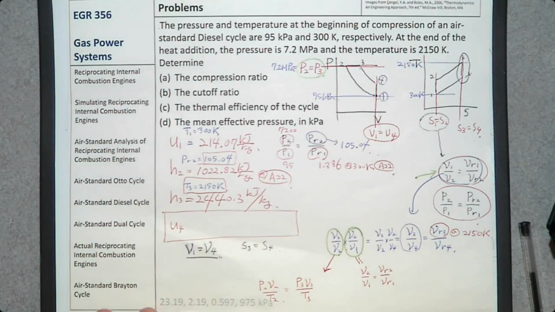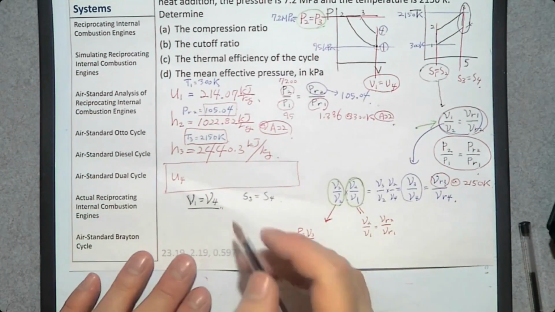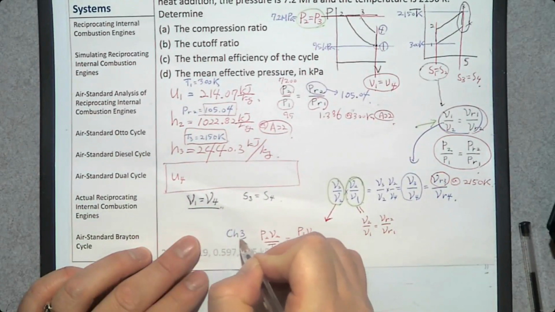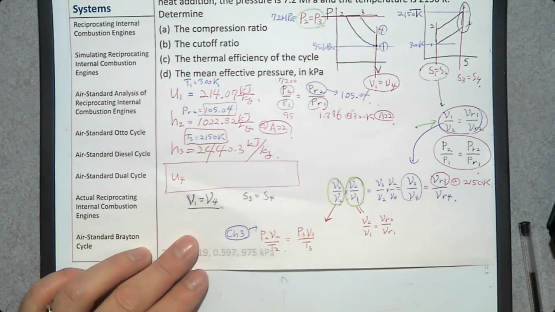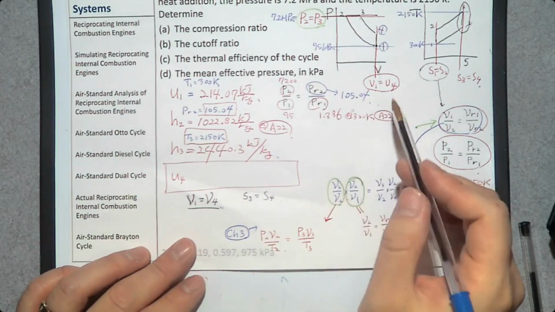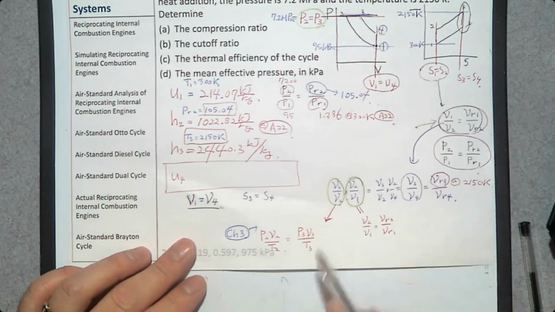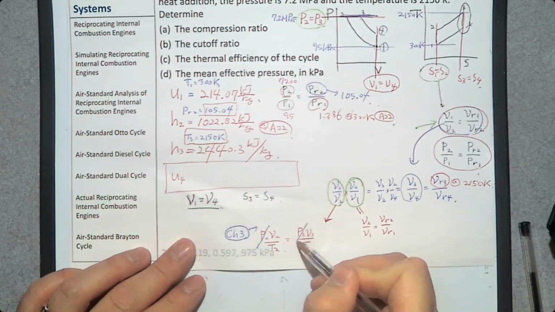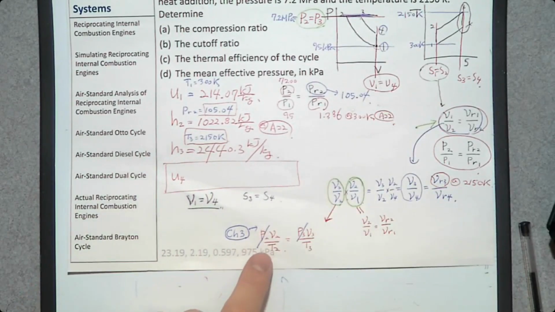We found this equation in chapter 3 when we studied the ideal gas equation. In this case, it's a constant pressure process between 2 and 3, so P2 is the same as P3. So V2 over T2 is going to be V3 over T3.